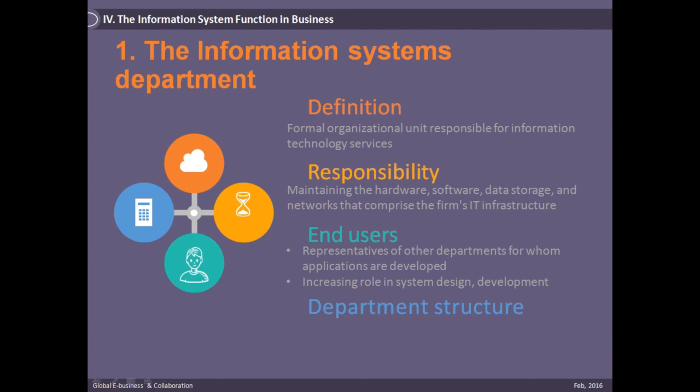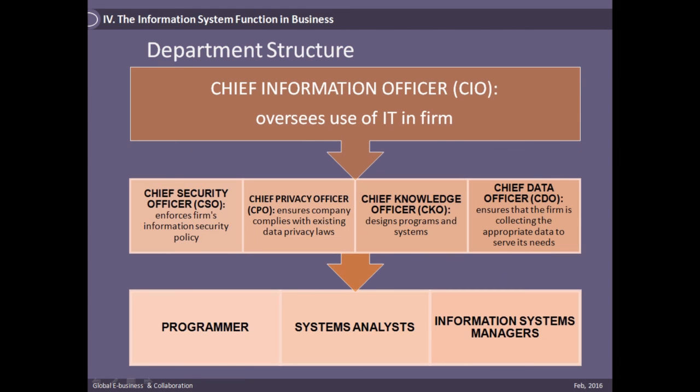And for the department structure, in many companies, the Information System Department is headed by a Chief Information Officer, or CIO. The CIO is a senior manager who oversees the use of information technology in the firm.